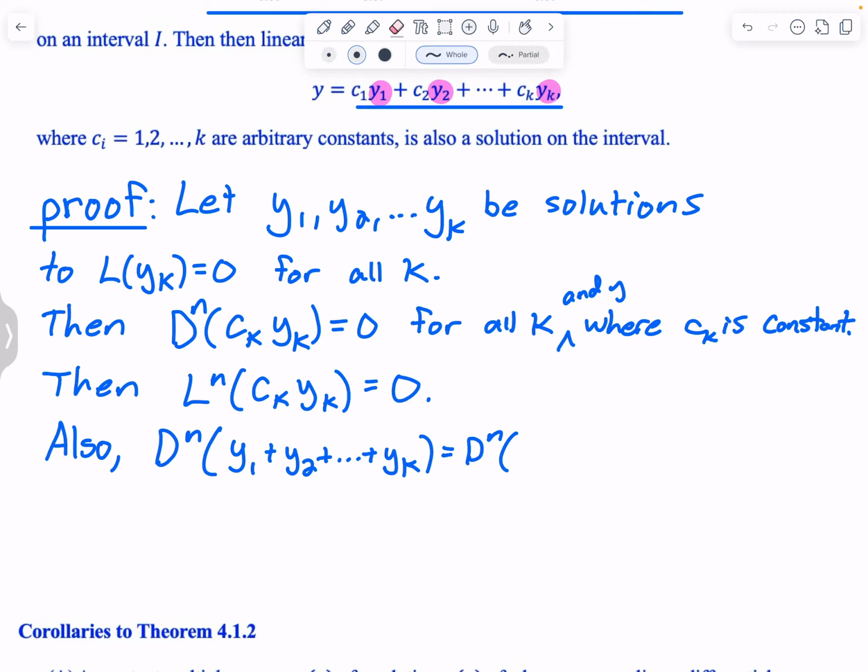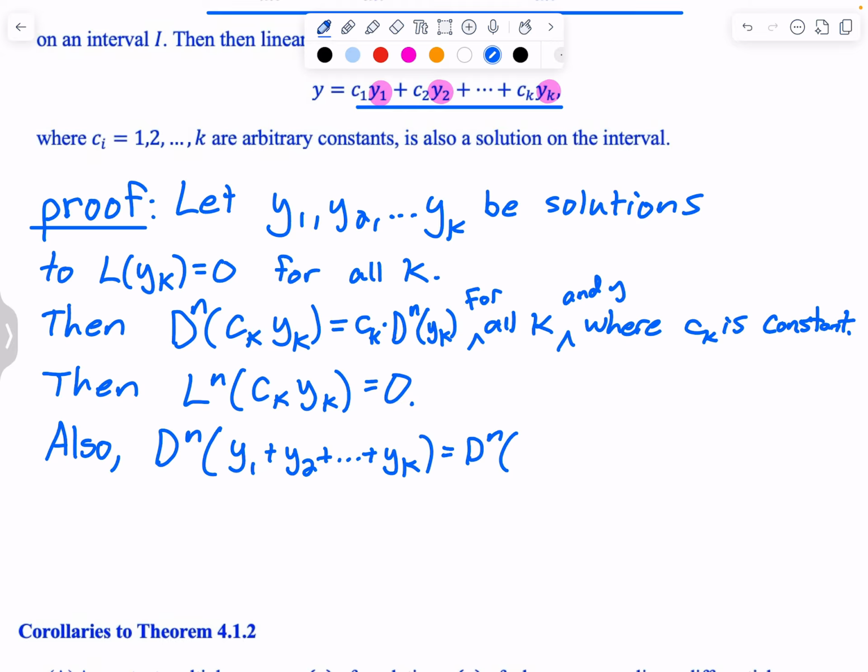This shouldn't be 0, by the way. This should be ck, the derivative of yk. Let me fix that. And then this is going to be the derivative of y sub k. There we go. I think my brain was already on that next line.